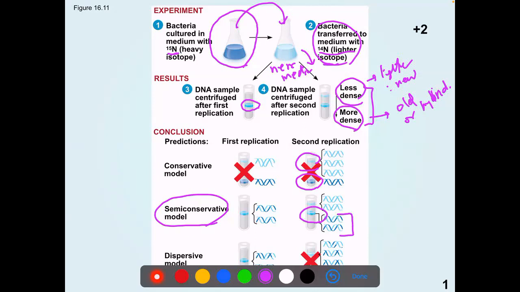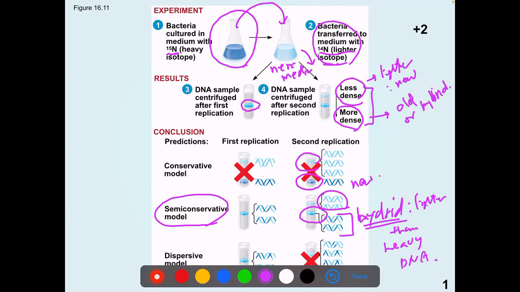A little bit heavier band, which is the hybrid, meaning one strand is lighter DNA and the other strand is heavier DNA, and then you have lighter DNA, which is the new DNA. This hybrid DNA is lighter than the heavy DNA.